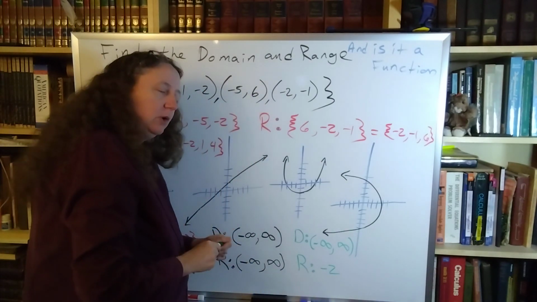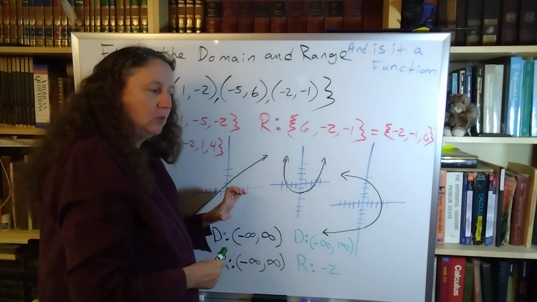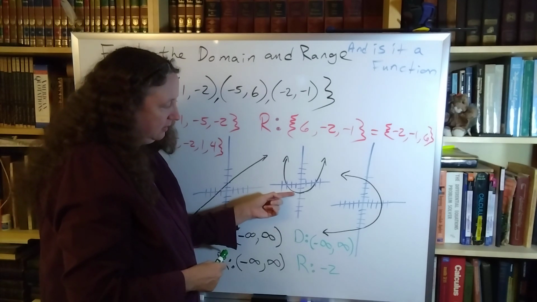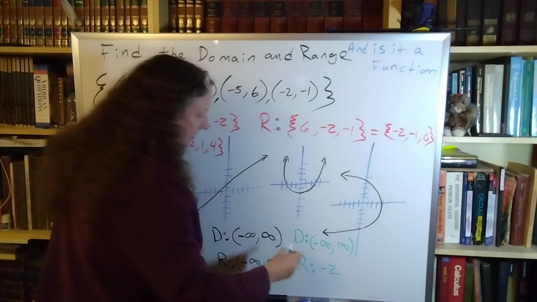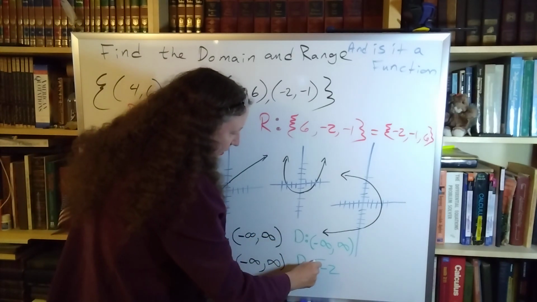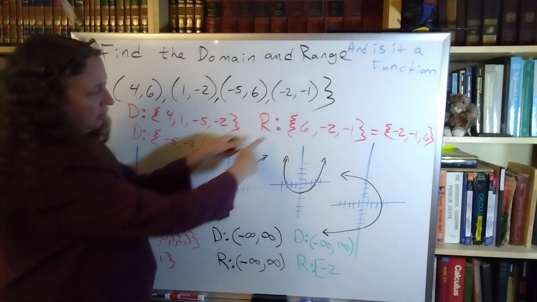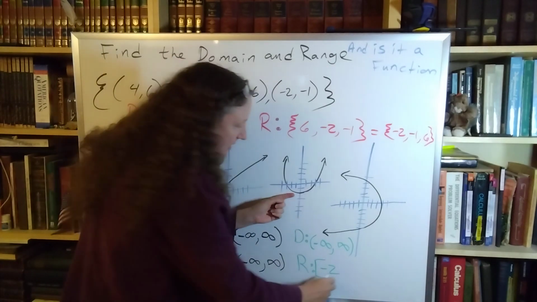Now I have to figure out, do I want to use the round parentheses or do I want to use the square bracket? I am going to use the square bracket. Comma.